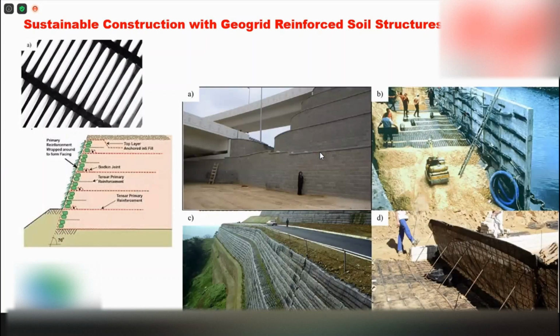Now the next application is the use of geogrid in building a fully vertical retaining wall, in places where we do not allow any angle at all. We will use this kind of building technique to have either a sandbag facing or even an interlocking block facing in front.